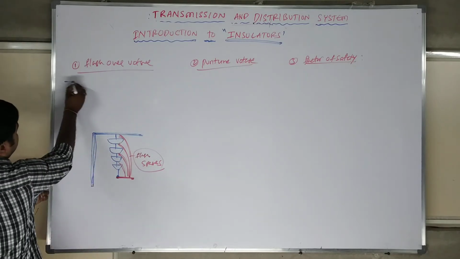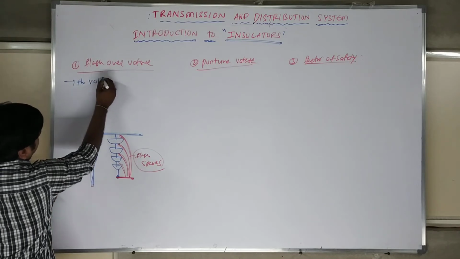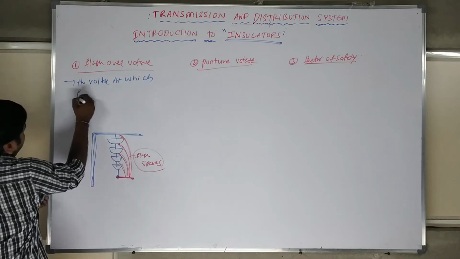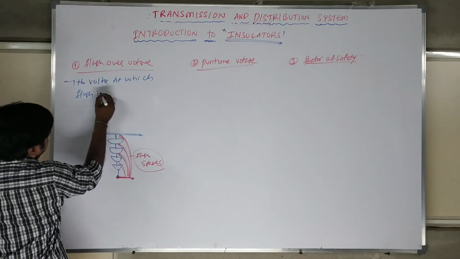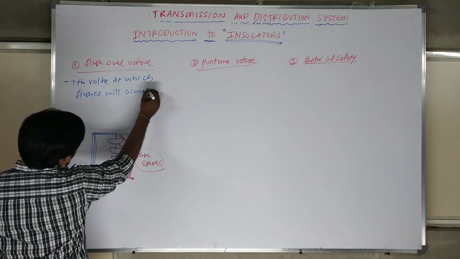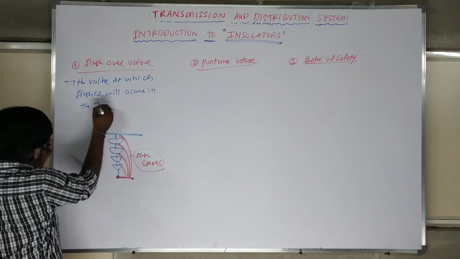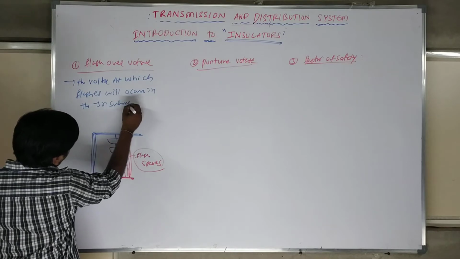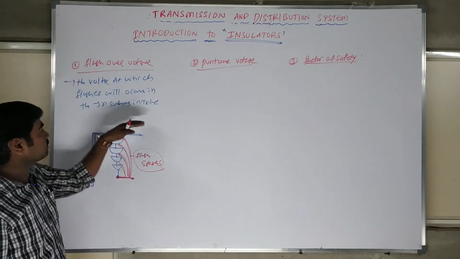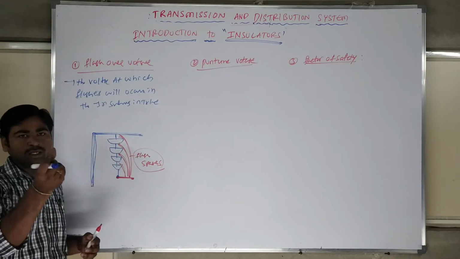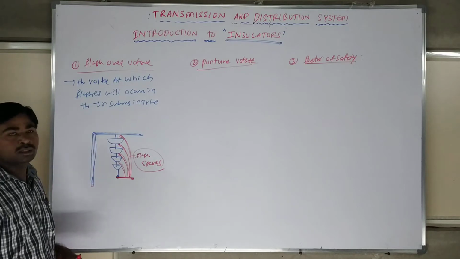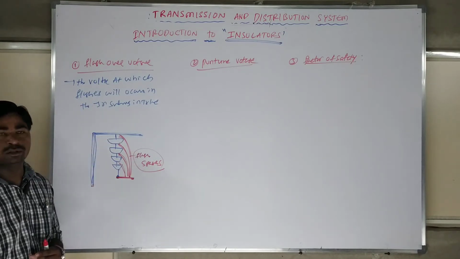Nothing but we can say that the voltage at which flashes will occur in the insulators in transmission lines. The voltage at which just flashes or sparks are created between the line conductor and your insulators is called the flashover voltage.